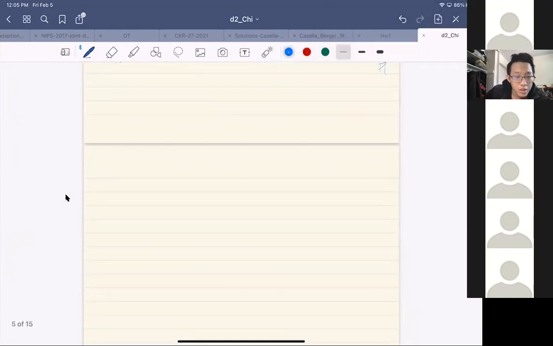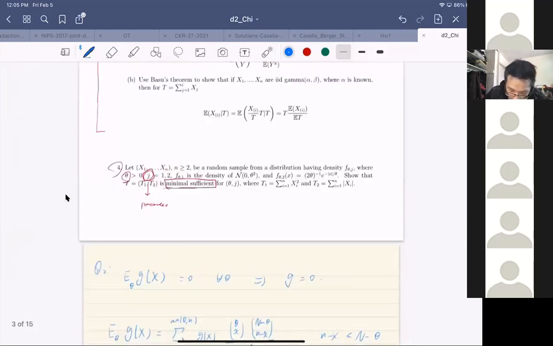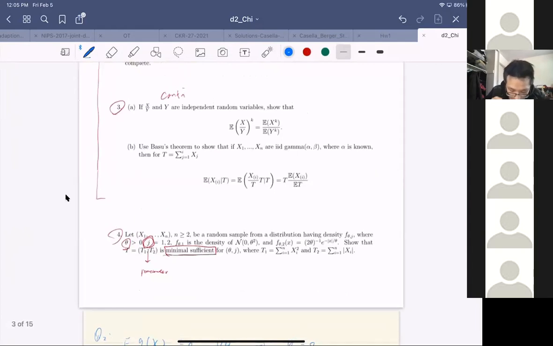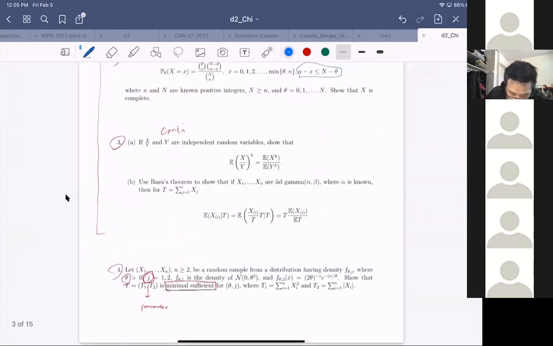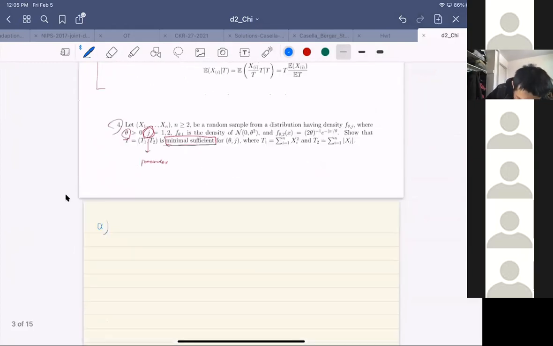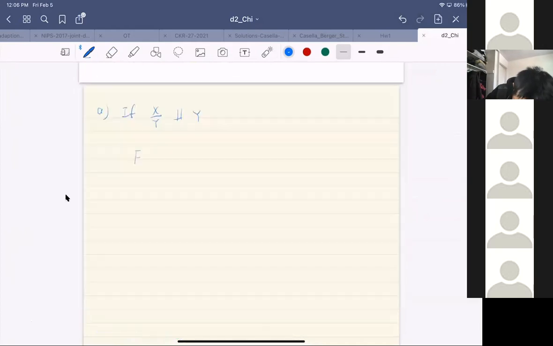Next question. Okay, on this one, for A, we want to show that if x divided by y is independent of y, then this is equal to this.